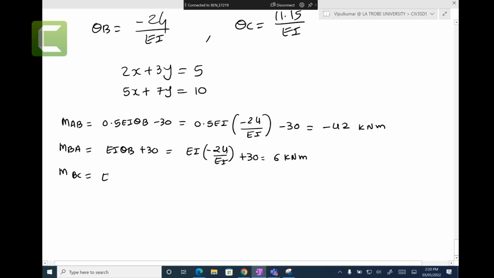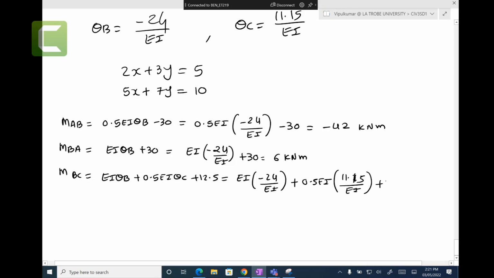MBC equal to EI theta B plus 0.5 EI theta C plus 12.5. So EI times minus 24 on EI plus 0.5 EI times 11.15 on EI plus 12.5, which gives minus 5.93 kilonewton meters.